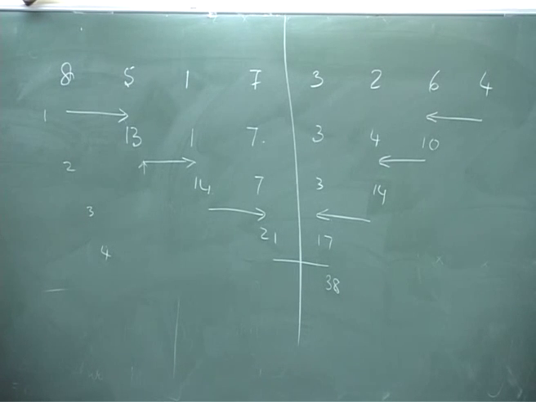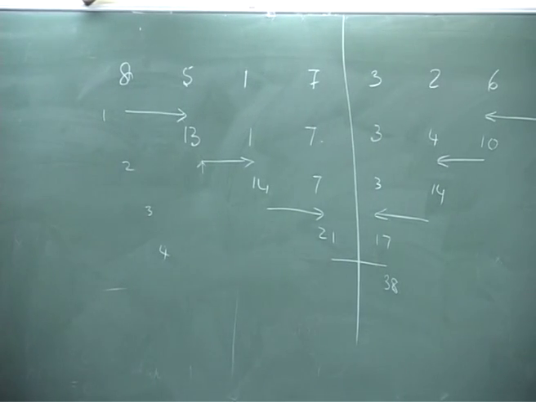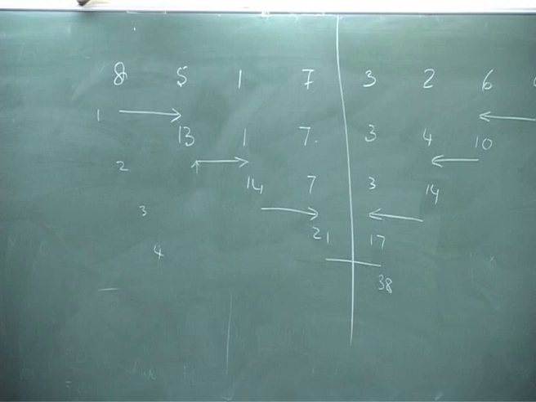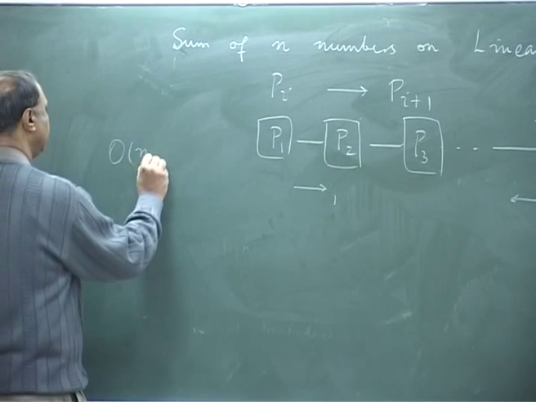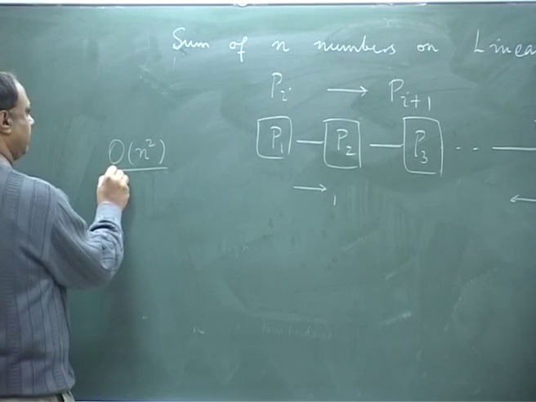However, if I see the number of parallel additions, the number of parallel additions will be less, but complexity wise you will not be gaining much. So the cost is order n squared.